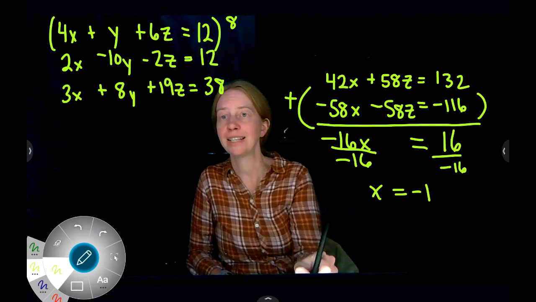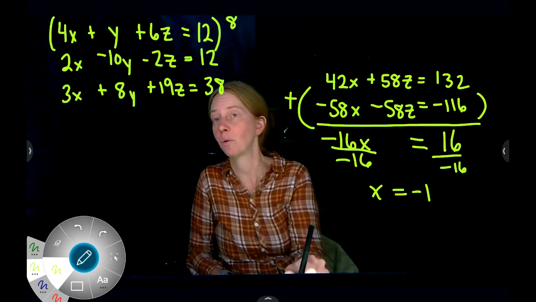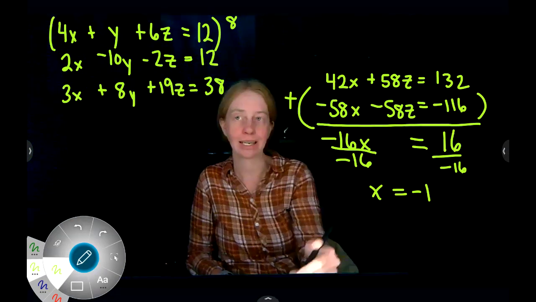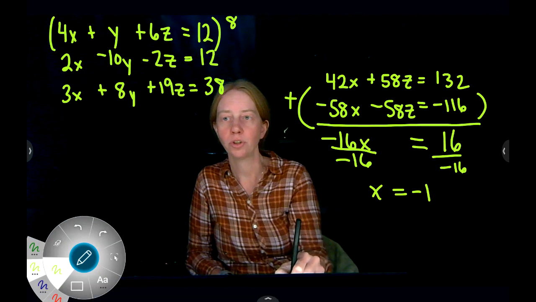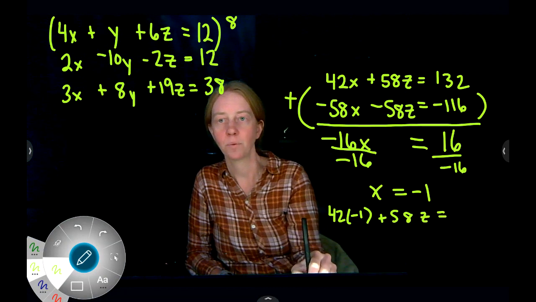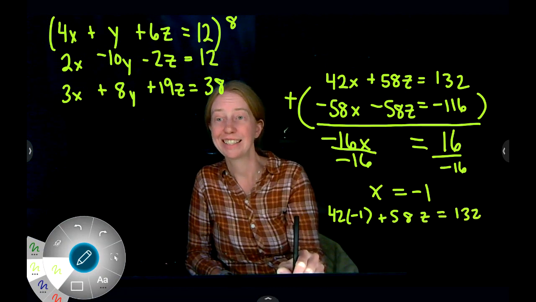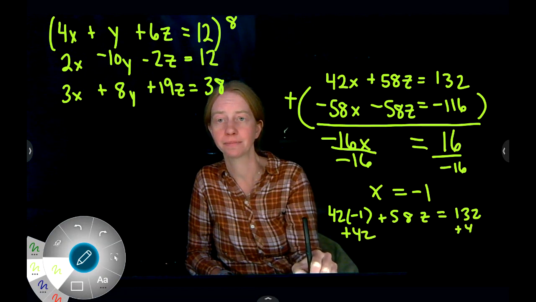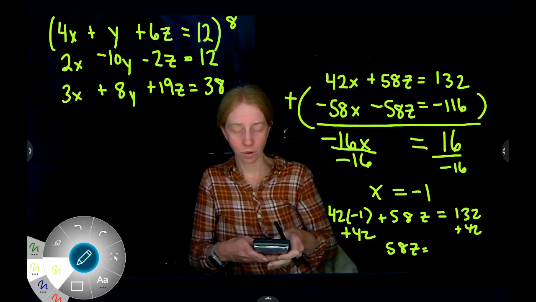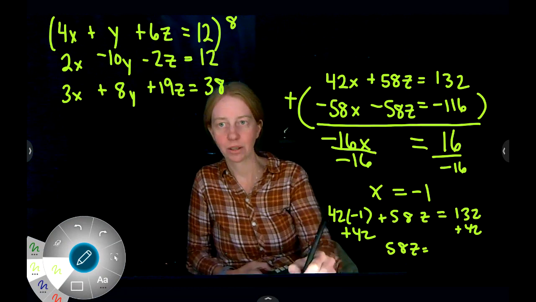All right, let's plug this negative 1 back into any of these two equations, and we'll be able to get z. Okay, so 42 times negative 1 plus 58z equals 132. This is negative 42, so we're going to add 42 to both sides. We have 58z equals 132 plus 42, 174.